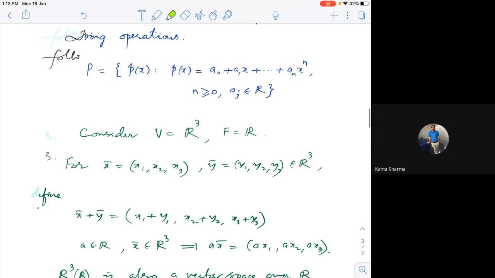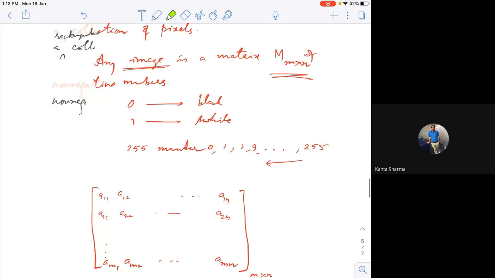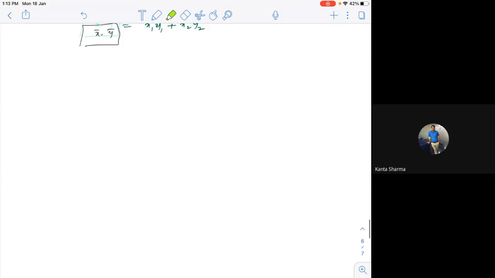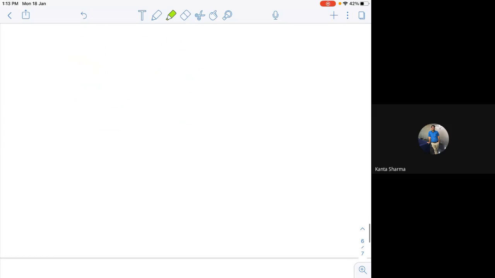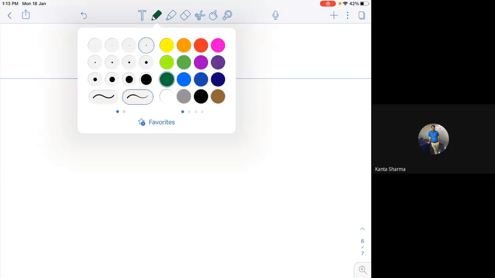Let's look at how to introduce such an operation in these vector spaces, taking motivation from the dot product of two vectors. And for three vectors also you can have a dot product. So taking motivation from that, I want to look at another concept, namely inner product spaces.